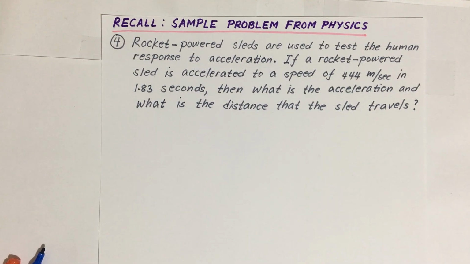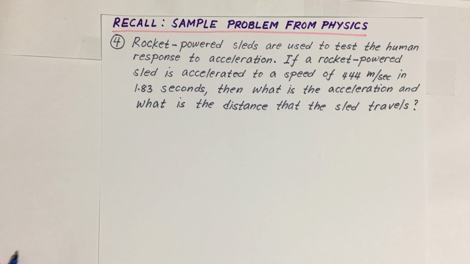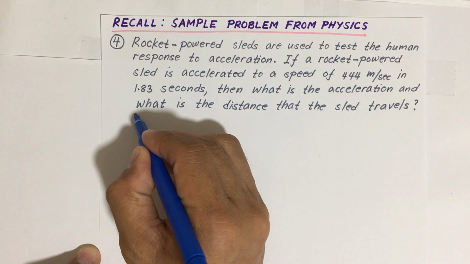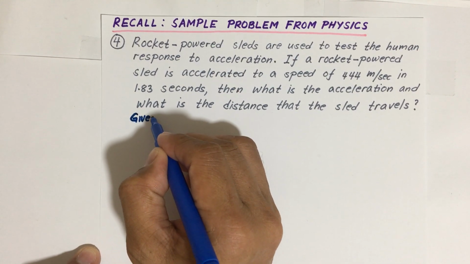Okay, so like in our previous examples, let us write down first the givens. So this problem gives us the following.